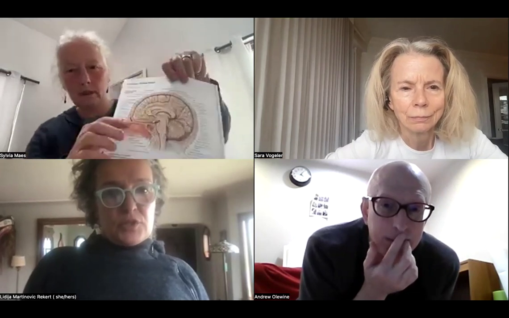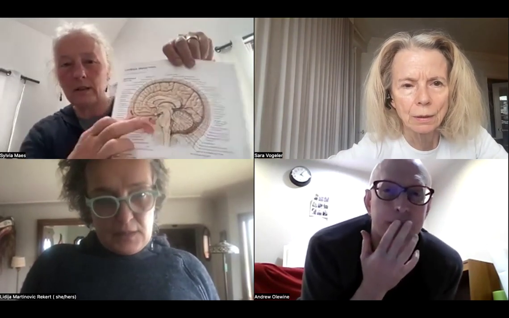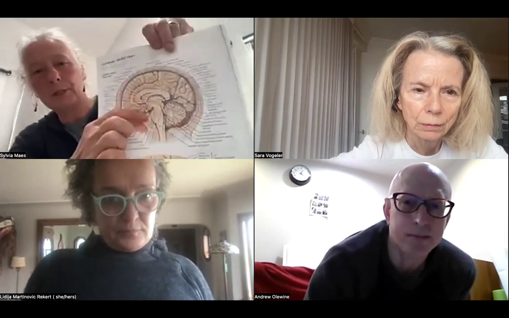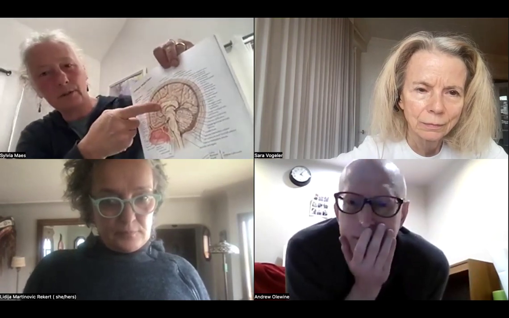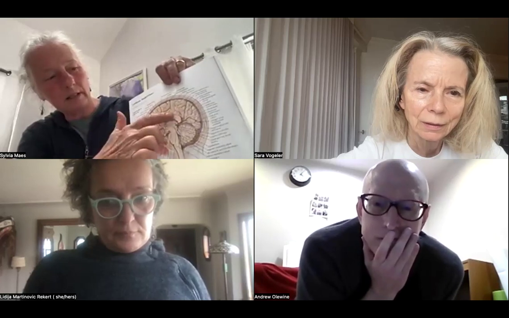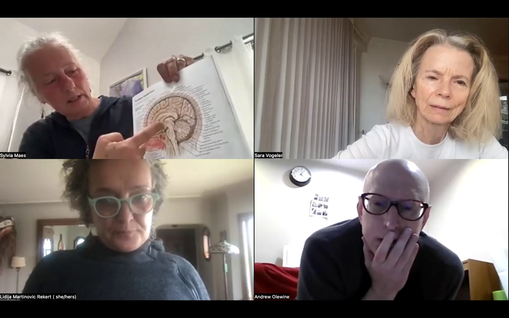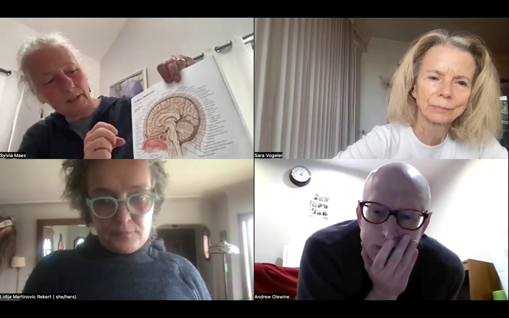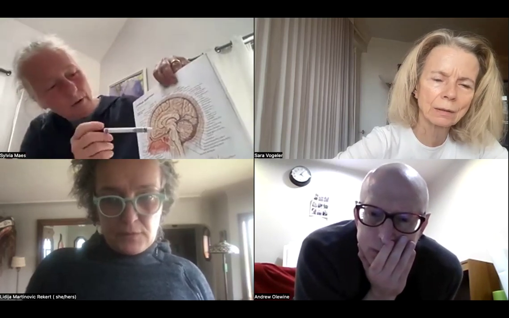Because what you're showing is the thalami. Put your finger on the line. Okay, so here, pituitary. Here, septum pellucidum. That is the corpus callosum. This is the front of the lamina terminalis.